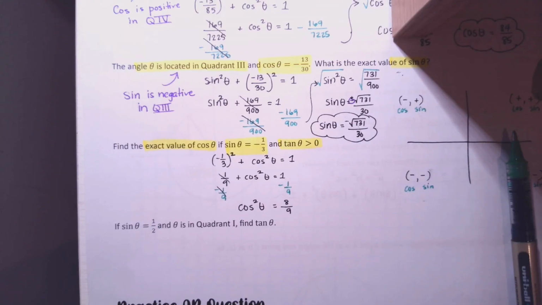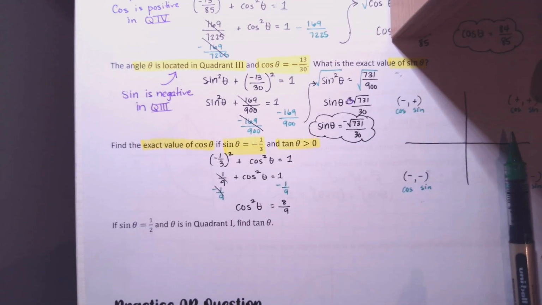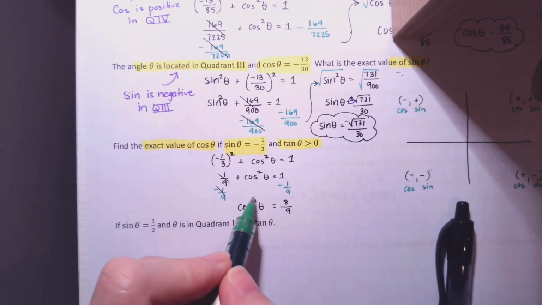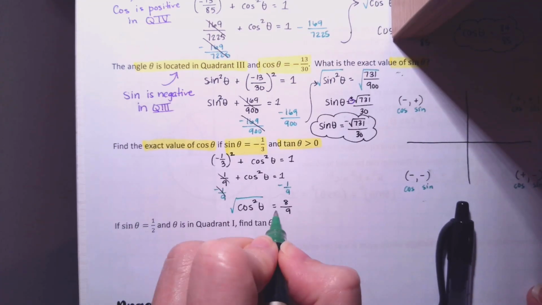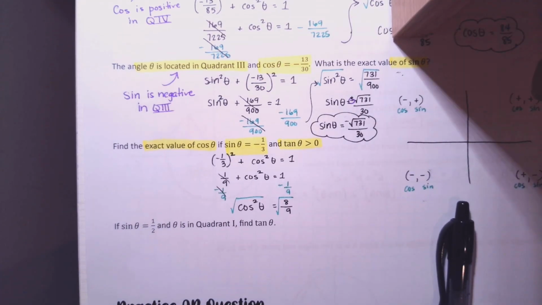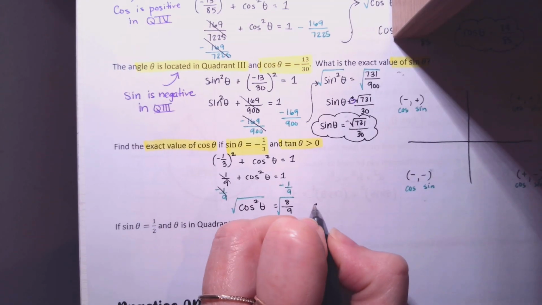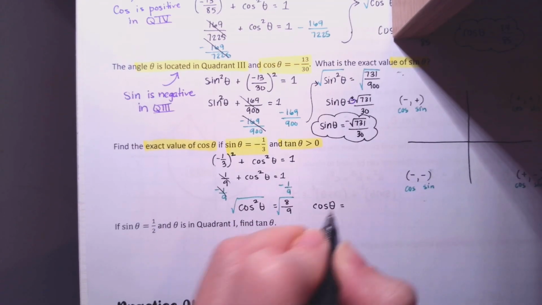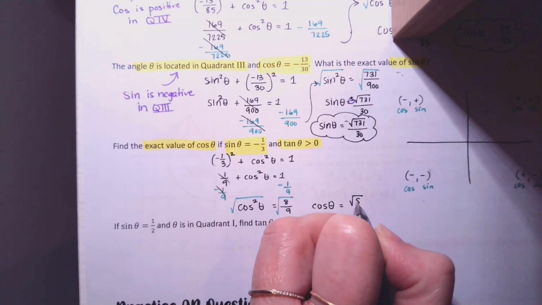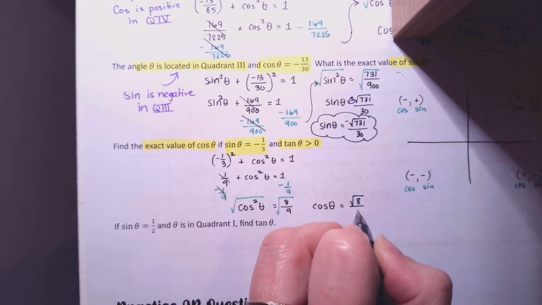From there, we can take the square root of both sides to cancel the square on the cosine. On the left side, we'll obviously just get cosine of theta. On the right side, we'll have square root of 8 over square root of 9, which is just 3.